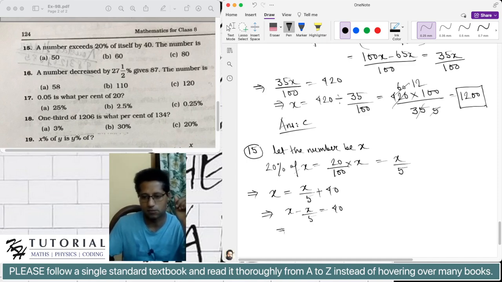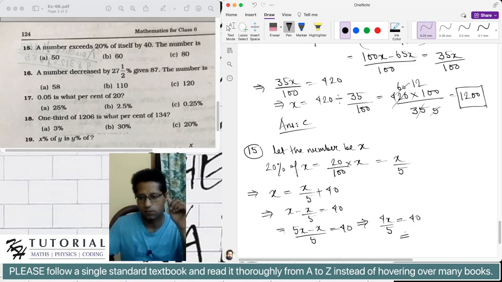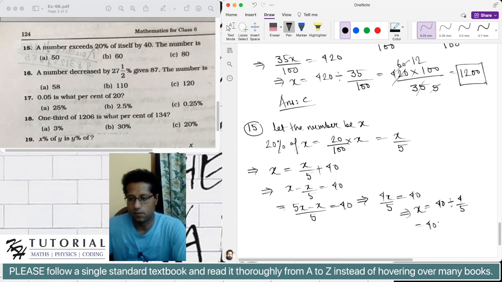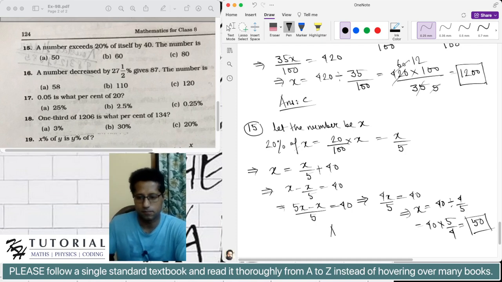This implies 5x minus x by 5 is equal to 40, so 4x by 5 is equal to 40. So x is equal to 40 divided by 4 by 5, which is equal to 40 multiplied by 5 by 4, which is equal to 50. So it is asking the number. So the number is 50, and hence the correct choice is A. The correct choice is A.